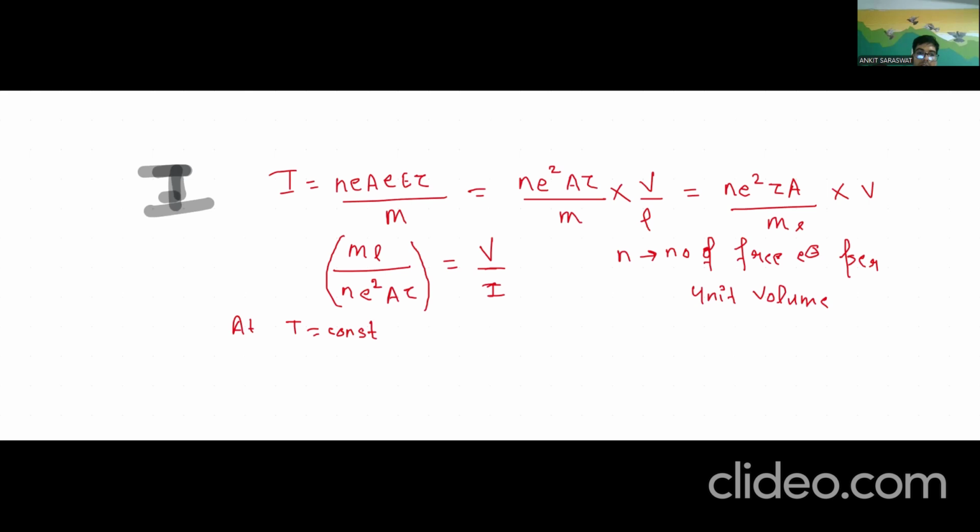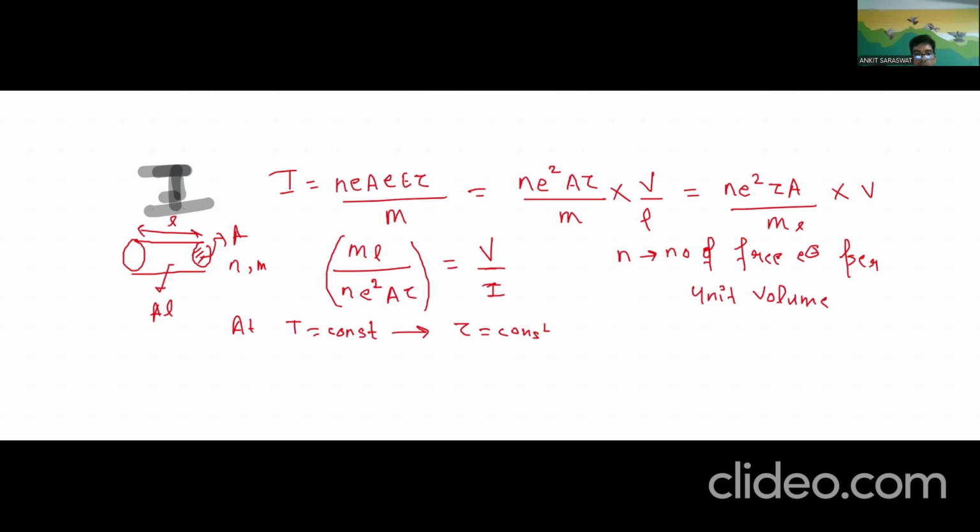For a given material, for example aluminium, the value of n, the number of free electrons per unit volume, is constant; m is constant, length is constant, and cross-section area is constant. At constant temperature, tau is also constant. Then this entire term m L by n e square A tau is constant. Clear? Yes, sir. Any doubt? No, sir.